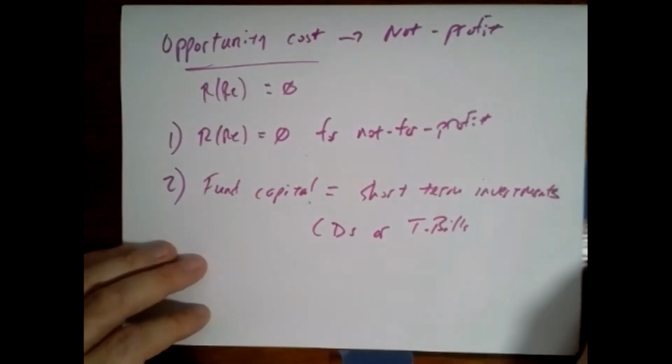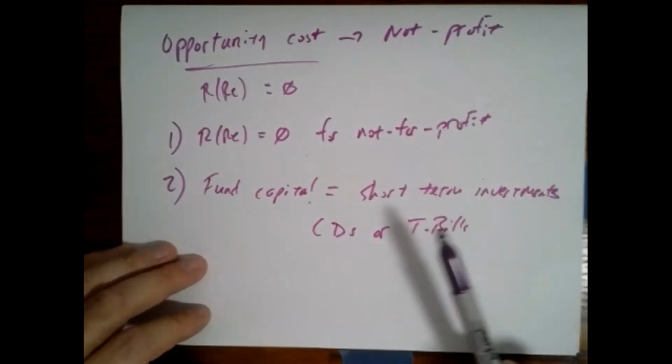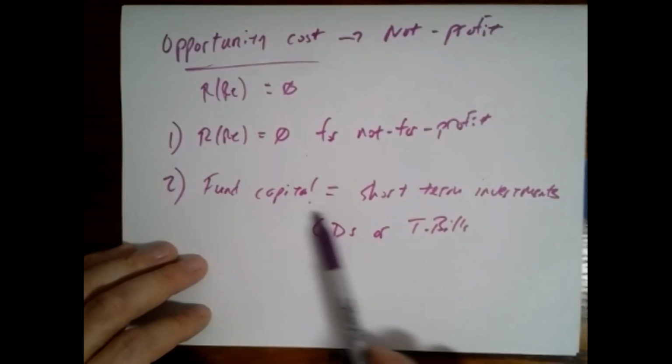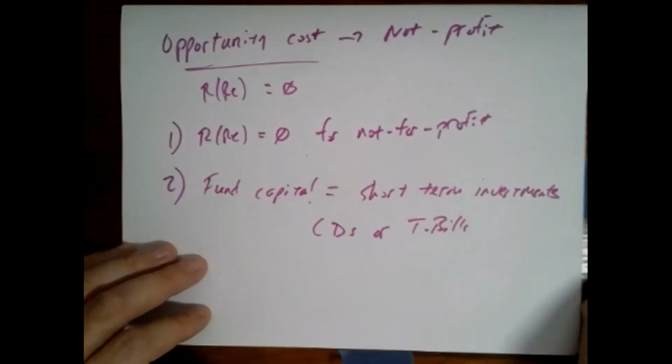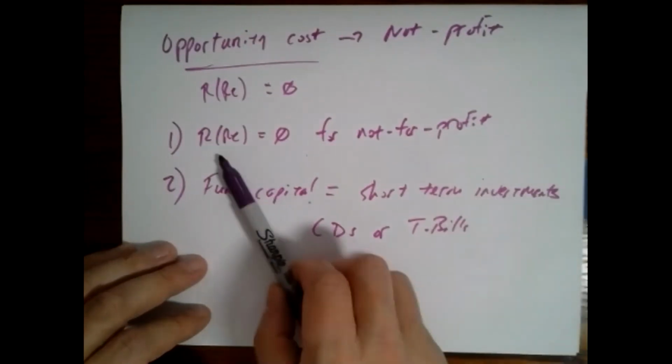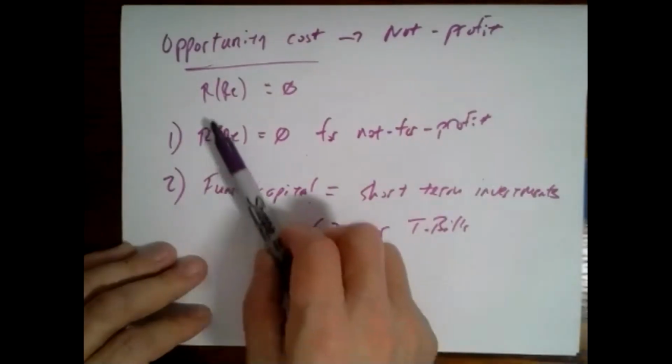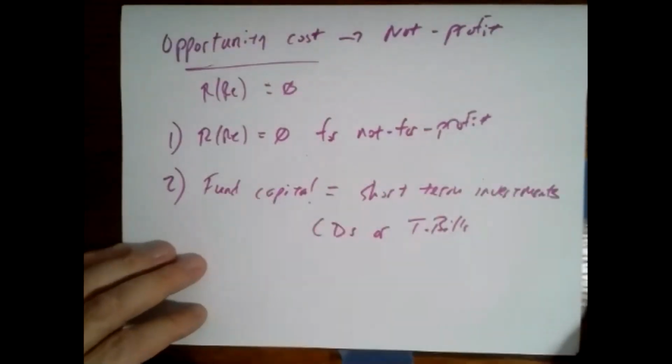So is that the next best? One way to ask yourself, would that be the appropriate rate to proxy for the required rate of return on equity?